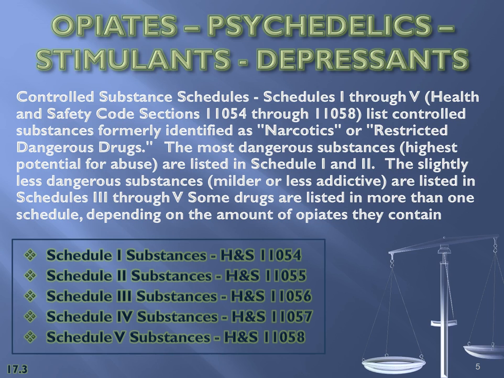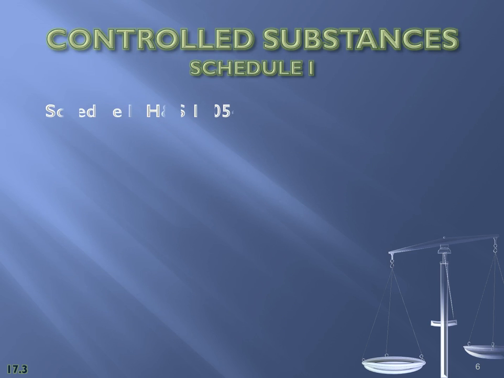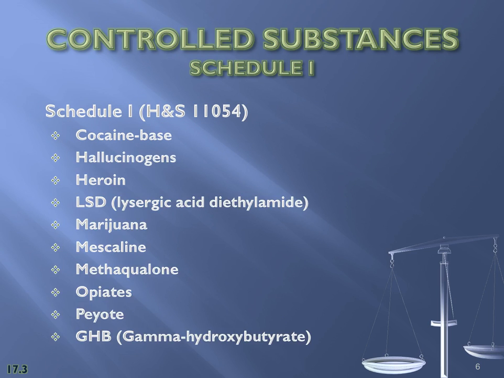So they have these schedules, and in your book you can actually get a larger view of those schedules. So you see Schedule 1 is Health and Safety Code 11054, 2 is 11055, and so on all the way through 11058. So here's a quick look at those that you might at least know by name and recognize.